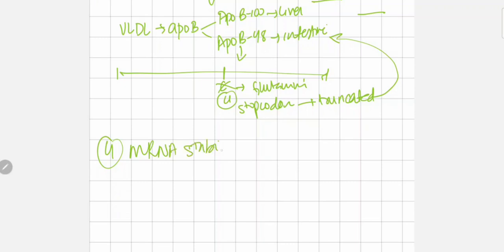And the next is mRNA stability. In this example, the first one is iron metabolism.